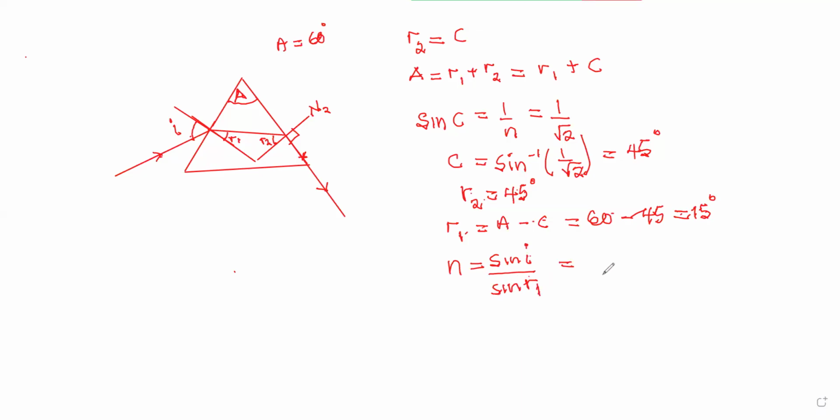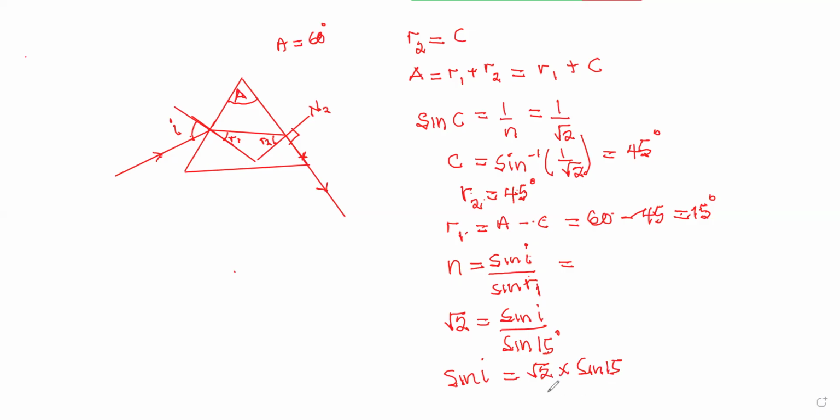The refractive index is root 2, so root 2 is equal to sine I over sine 15 degrees. Therefore, sine I is root 2 times sine of 15.